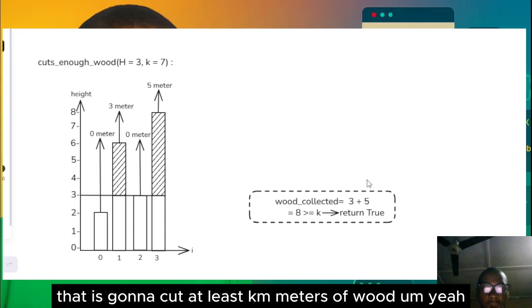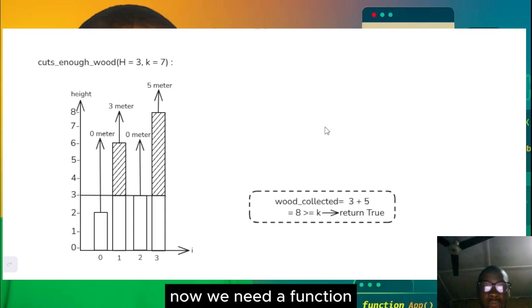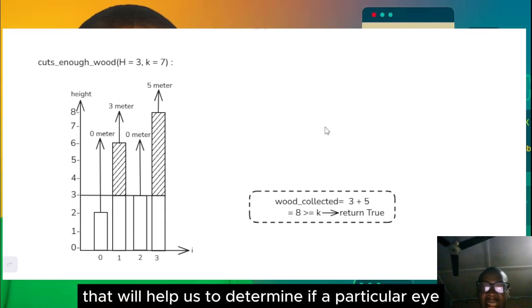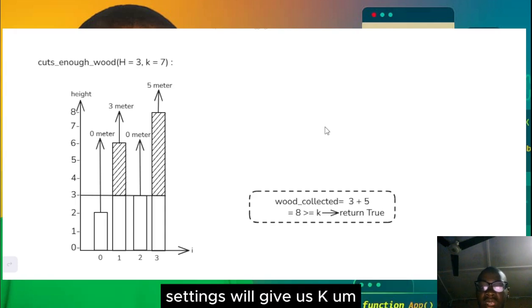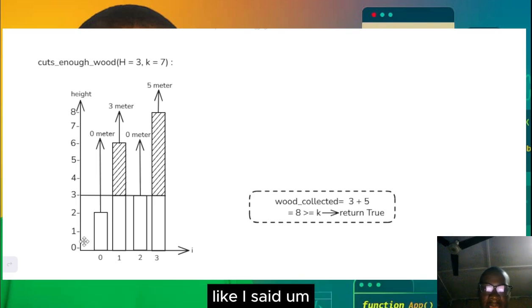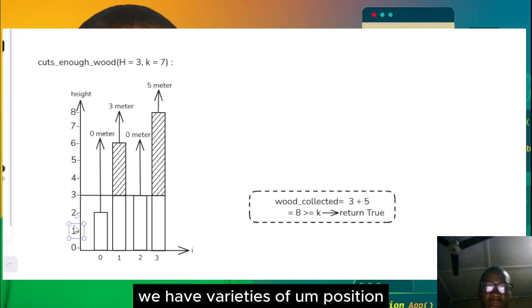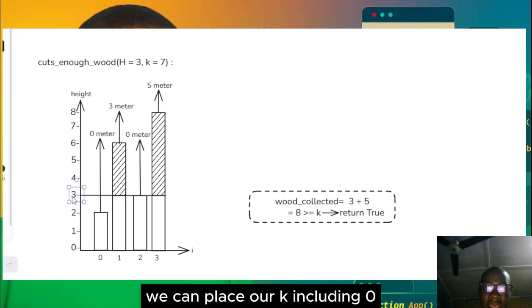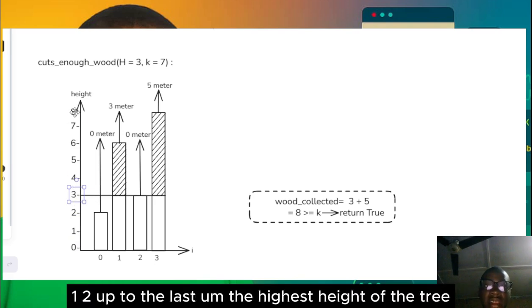Now we need a function that will help us determine if a particular height setting will give us at least k meters of wood. Don't forget, like I said, we have a variety of positions we can place it, including 0, 1, up to the highest height of the tree.